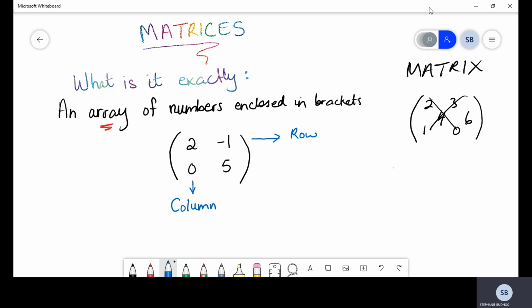It means that you have your brackets, you have some numbers within them, but an array of numbers tends to be ordered, and they're ordered in rows and columns. So if I were to describe how these numbers are ordered or arranged, I can say that this is our row 1, and this here will be our row 2.